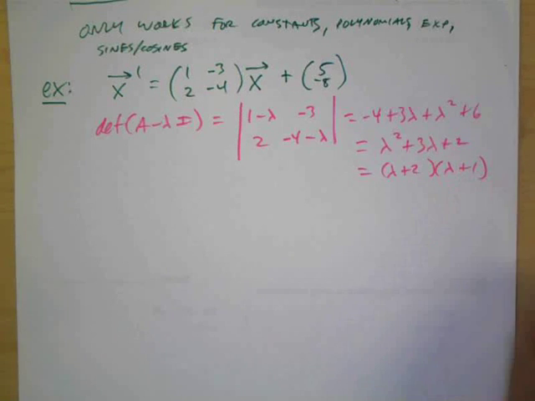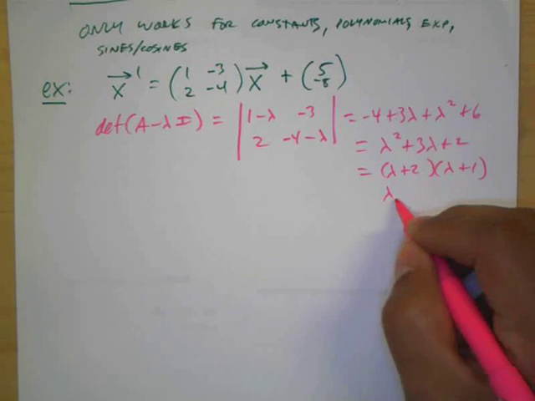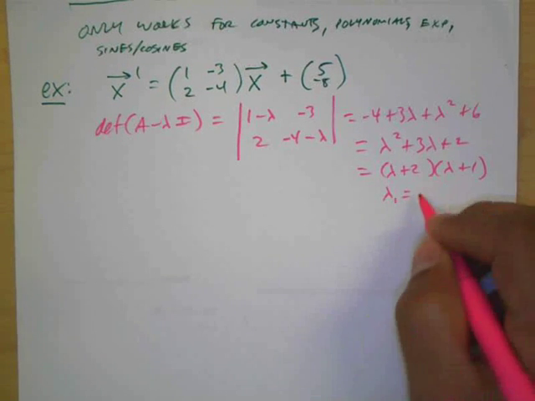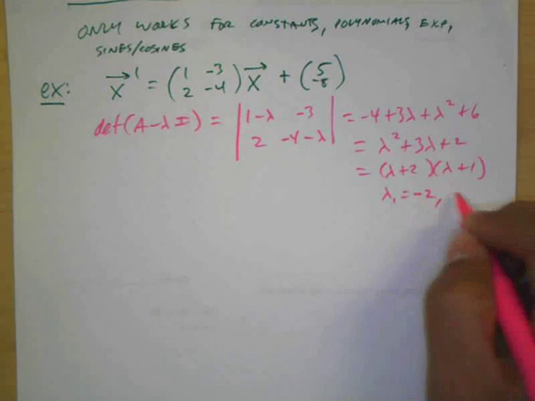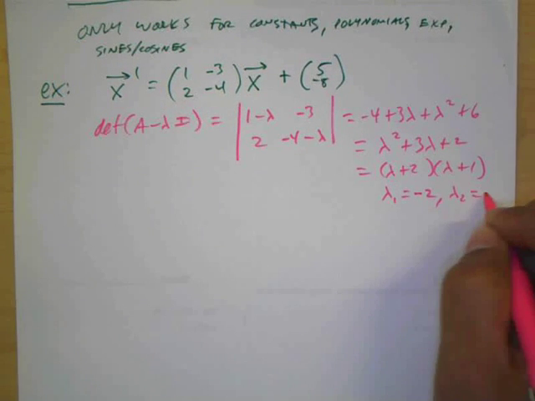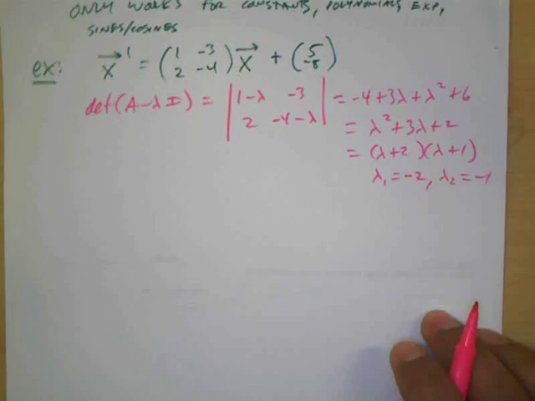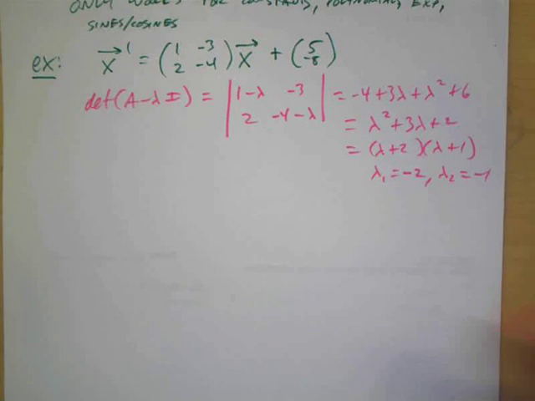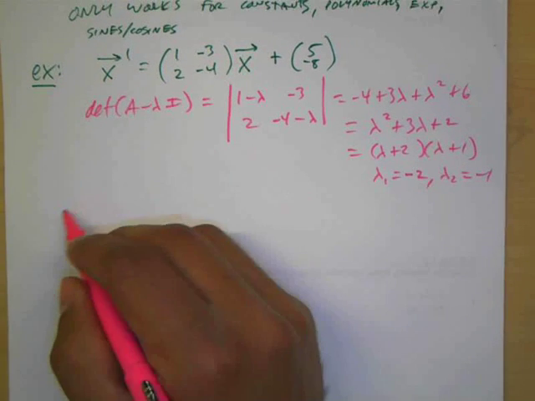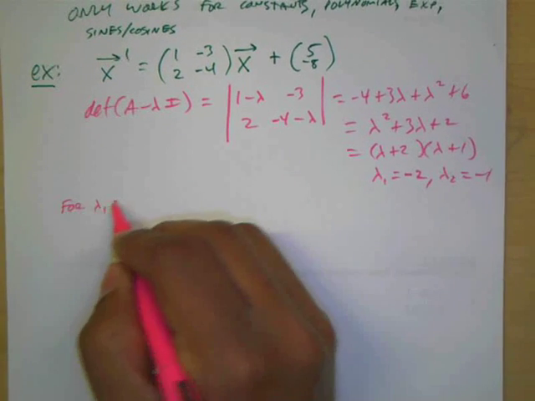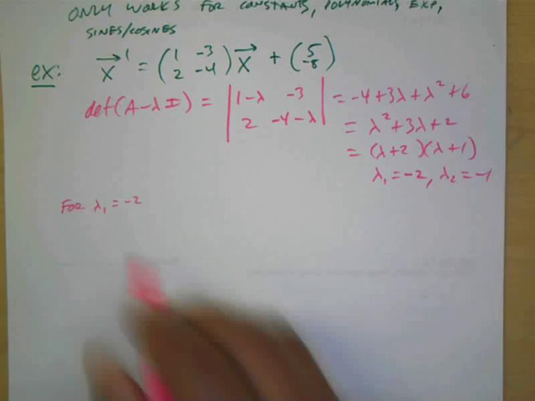So lambda 1 will be, let's say, negative 2, and lambda 2 will be negative 1. Okay, so nothing's changed yet. Let's go ahead and find the first eigenvector.